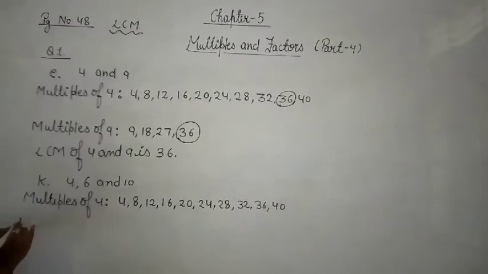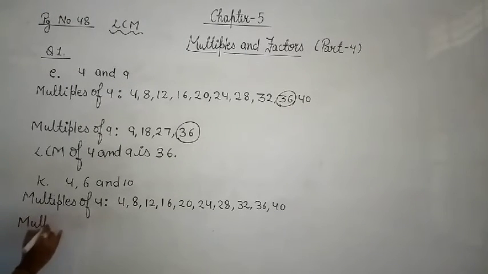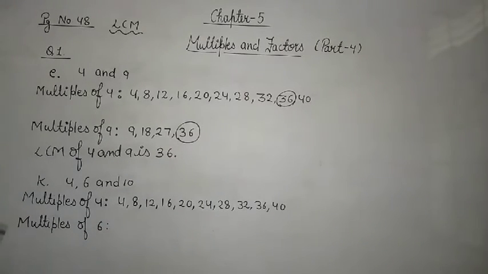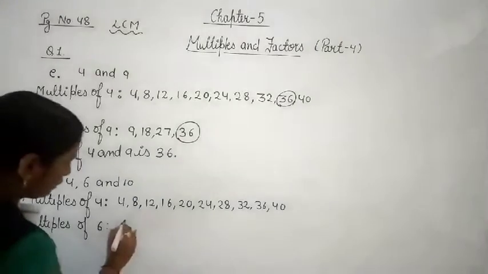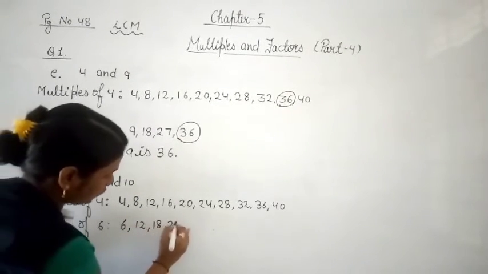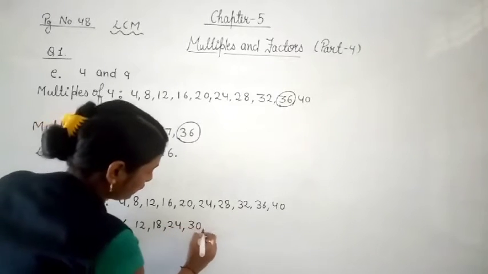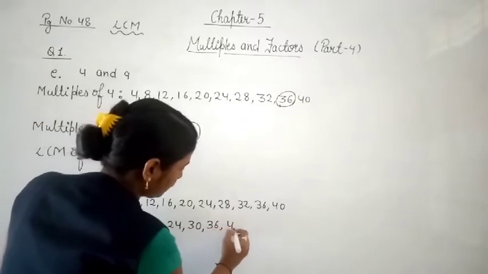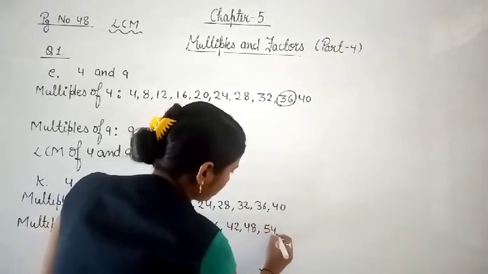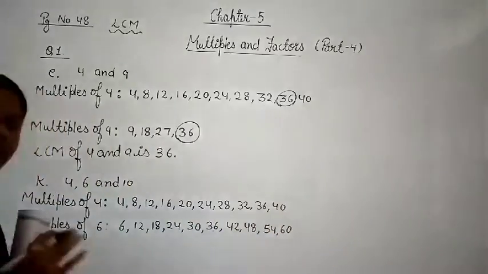Now I will write multiples of 6. Let me write the first 10 multiples of 6: 6 twos are 12, 6 threes are 18, 6 fours are 24, 6 fives are 30, 6 sixes are 36, 6 sevens are 42, 6 eights are 48, 6 nines are 54, 6 tens are 60. So I have written 10 multiples.